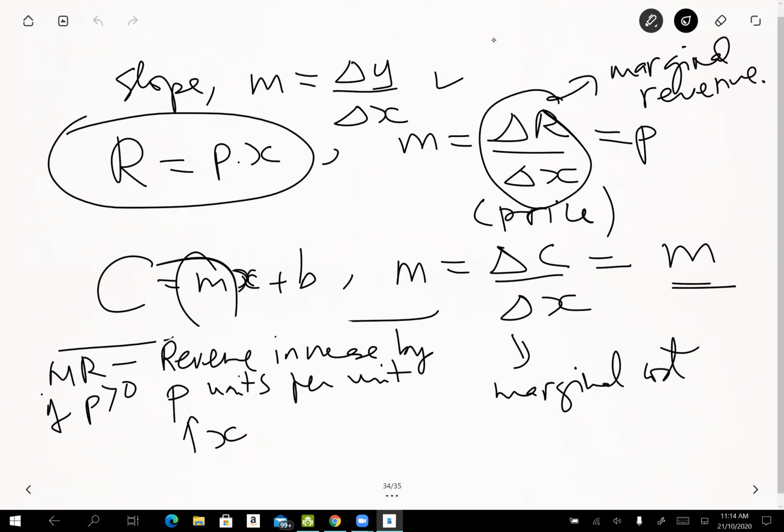If I sell one more unit of X, the revenue will increase by P, and P is the price.